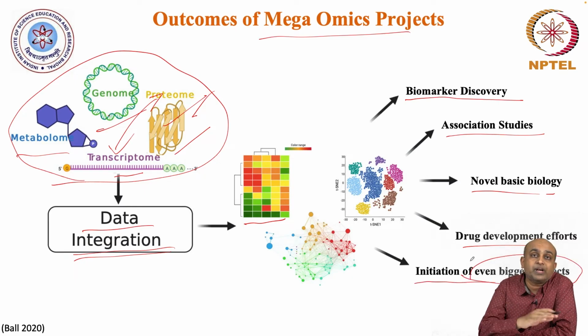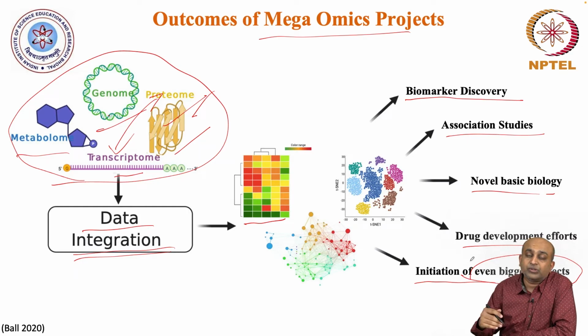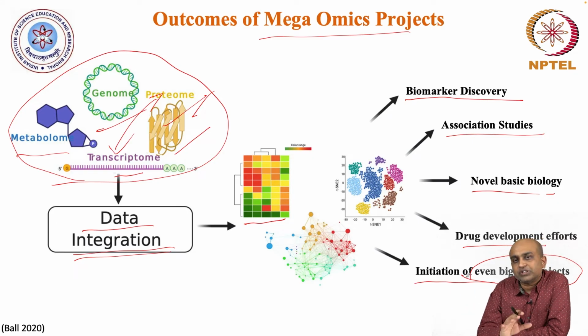So for example, we had the Human Genome Project, which when it started, people thought, you can't have a project bigger than this, you're trying to sequence the whole genome. But by the time the Human Genome Project ended, there were already goals to sequence thousands of genomes, catalog genetic diversity, look at gene expression variation and things like that. Right? So these projects are becoming bigger and bigger by initiating more and more such projects, because the outcomes that these projects have brought about have been quite useful.